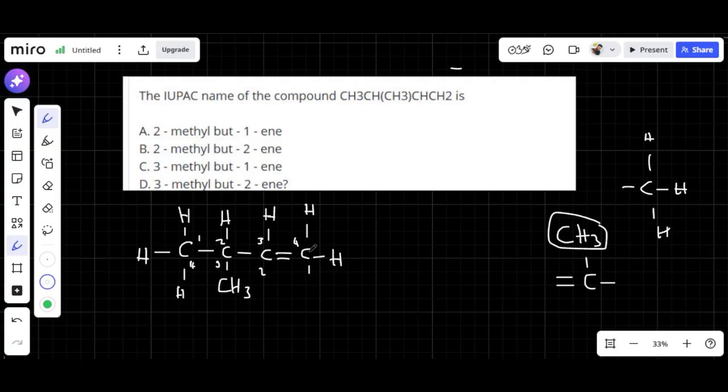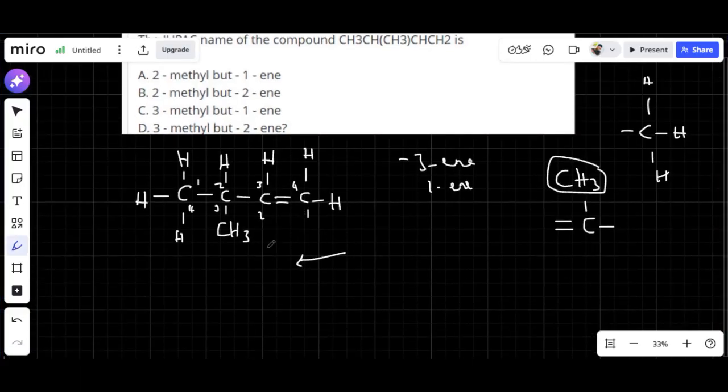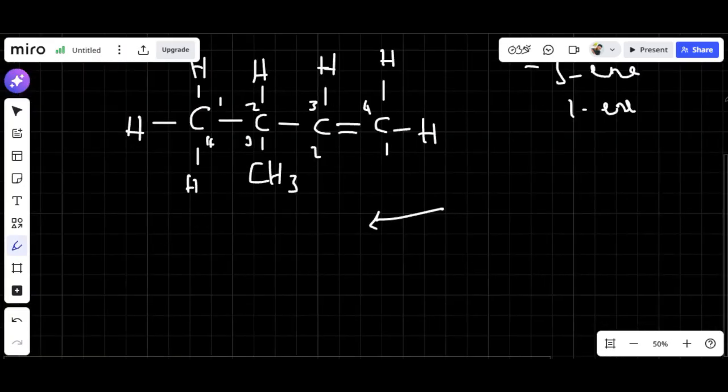So we want to make sure that our functional group is taking the smallest number. We don't want 3, instead, we want 1, because 1 is smaller. So we count like this. Are you getting that?